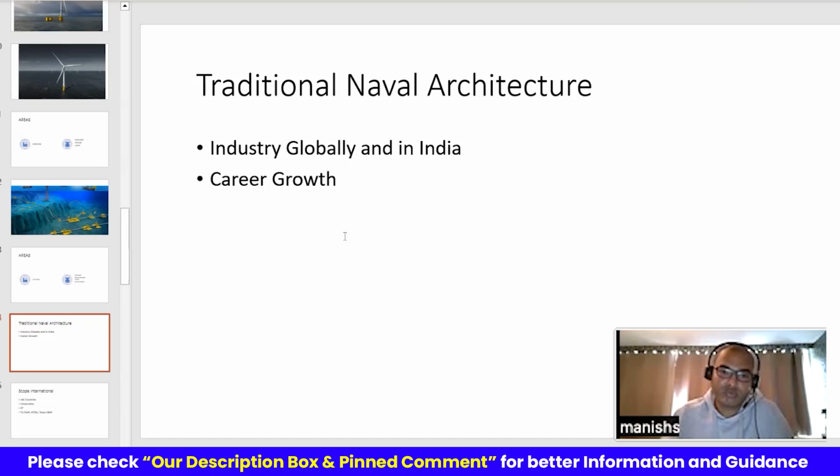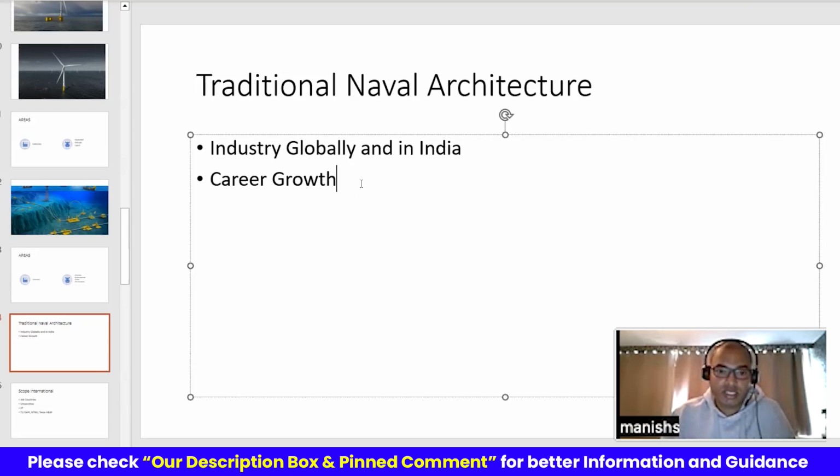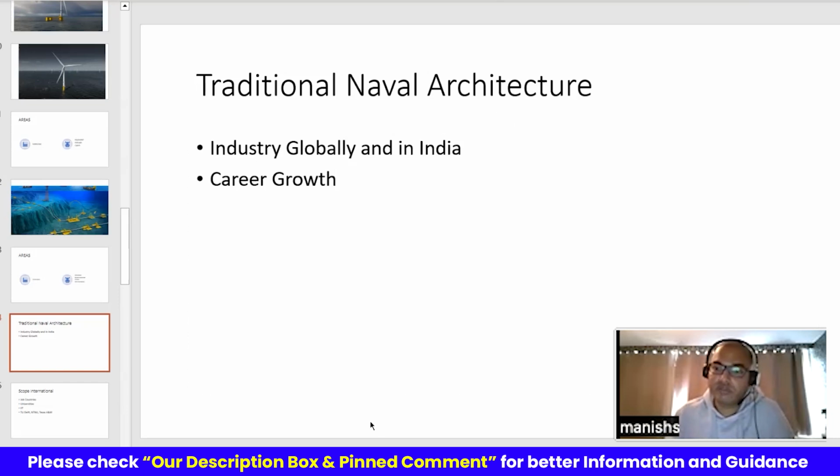Every time you modify a vessel, you have to check the stability again. You have to check the strength if there is a hull modification. So naval architecture has moved out from the traditional cargo to offshore oil and gas and other areas. That is the picture that marine engineers, who are only dealing with cargo vessels, don't see much.